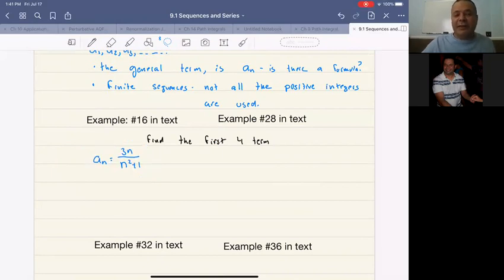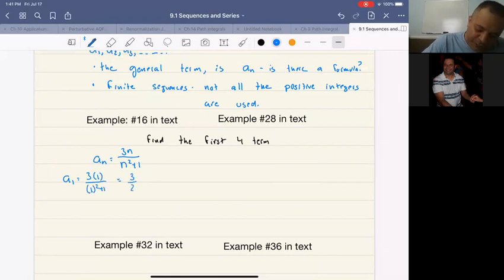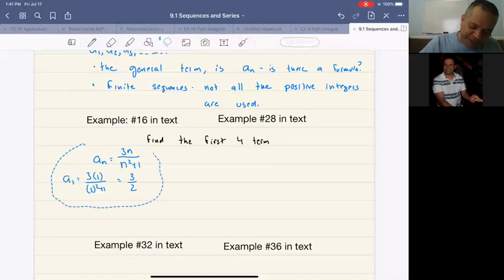We're just going to start taking the first few terms. So a sub 1, we just plug 1 in for n. 3 times 1 over 1 squared plus 1, 3 halves.